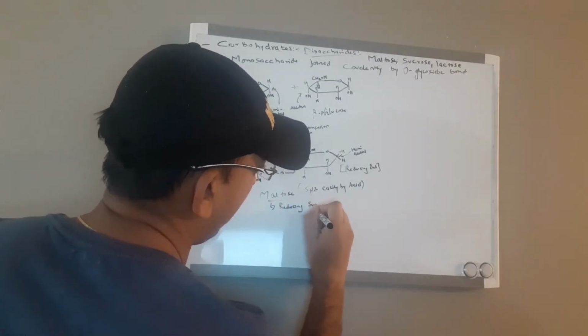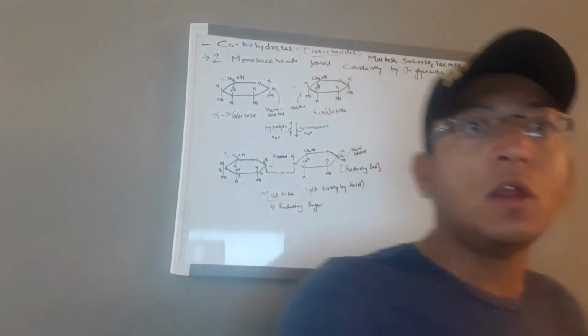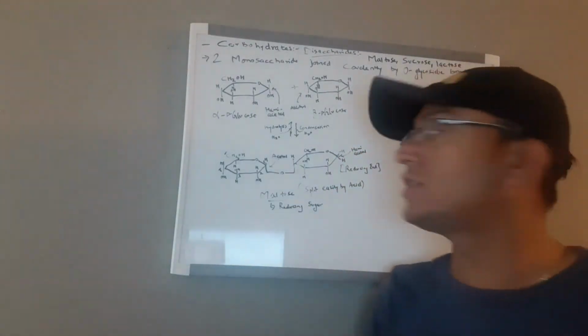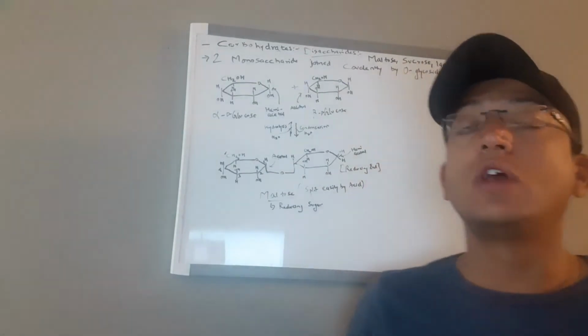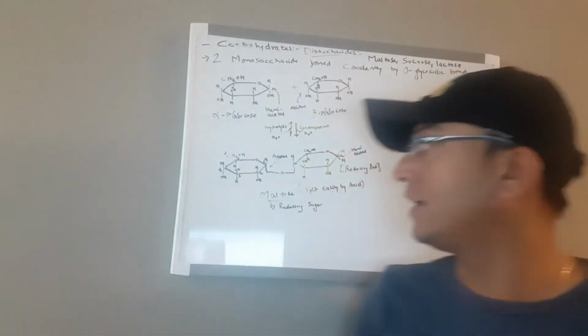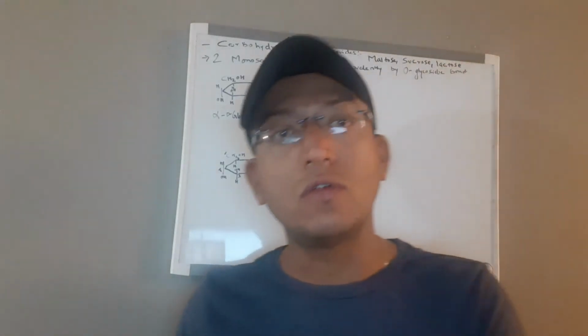And the configuration of the anomeric carbon atom in the glycosidic linkage is alpha. The glucose residue with the free anomeric carbon is capable of existing in alpha and beta pyranose forms.